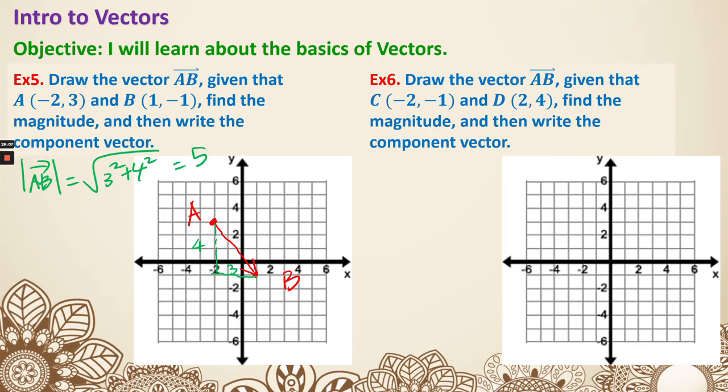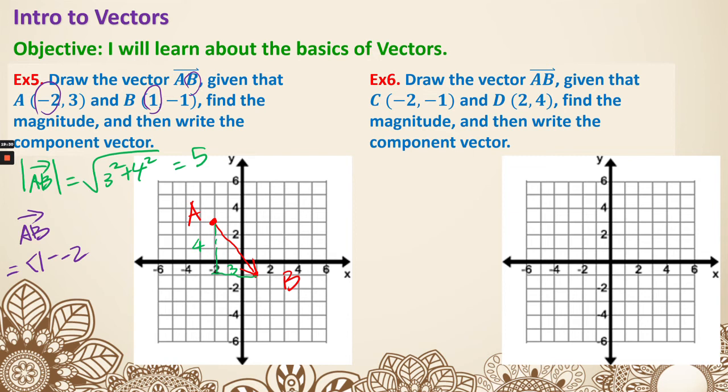Lastly, we need the component form. So we can just start writing the vector. Here's something you've got to be careful with again. You've got to use the terminal point minus the initial point. The terminal point, of course, is the letter on the end. So the terminal point is (1, -1). That means it's going to be 1 minus negative 2. It's the x values that subtract from each other. So 1 minus negative 2.